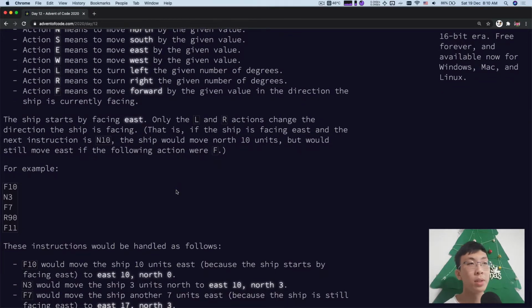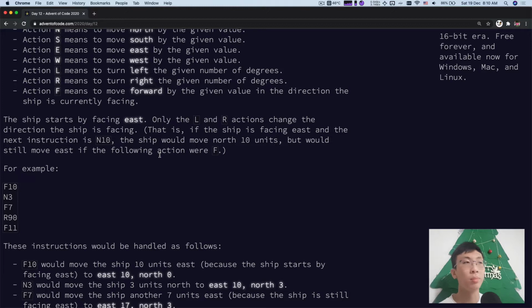The ship starts facing east, so left and right actions change the direction. If the ship is currently facing east and the next instruction is N10, it will move north 10 units, but still move east if the following action is F.